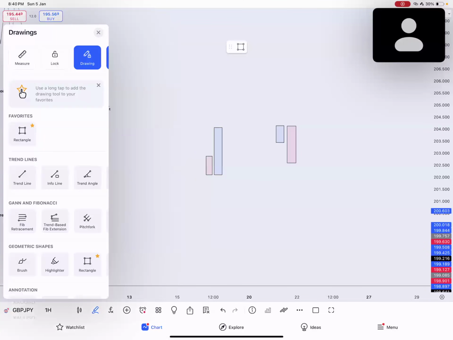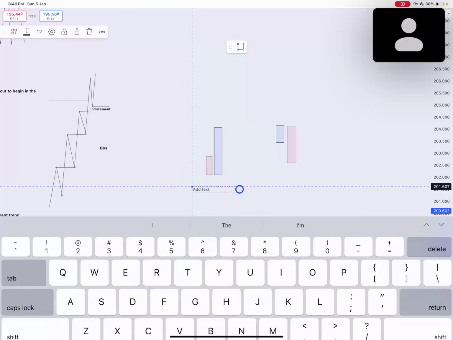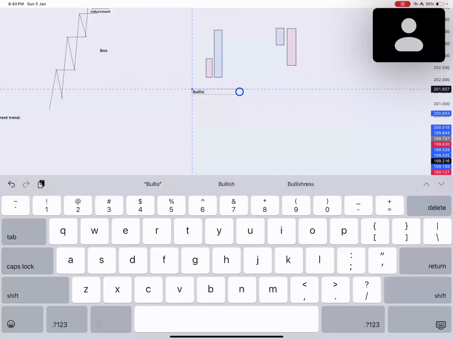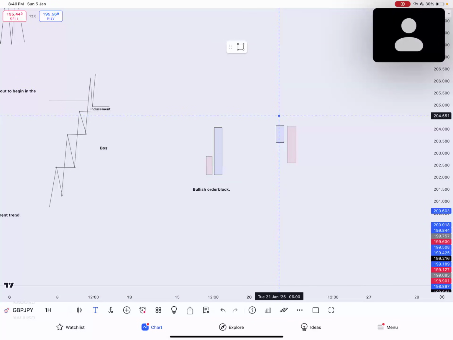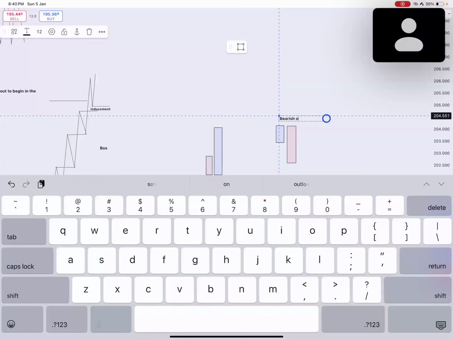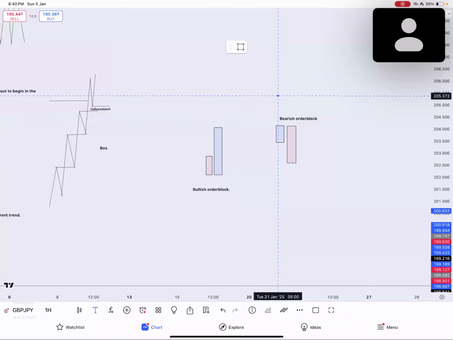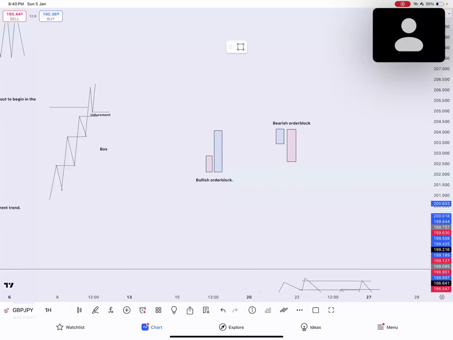So the bullish order block is for when you're looking for buys. The bearish order block is for when you're looking for sells.